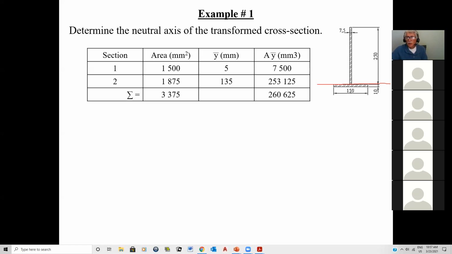Let's say this was my reference axis. If I take this to be my reference axis, what changes in my table? The Y could be negative for section 1. This would become a negative, and what happens for section 2? It just becomes 125. Exactly.